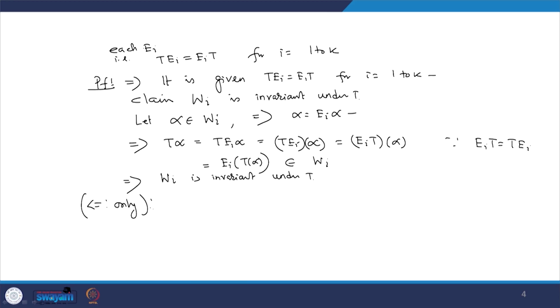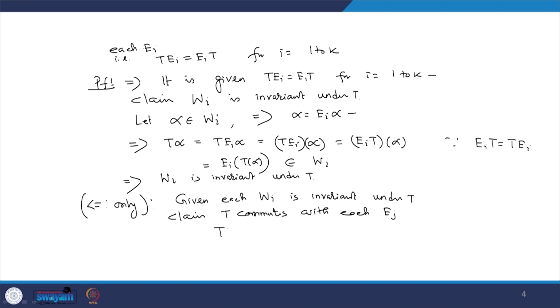That is, given each W_i is invariant under T, claim that T commutes with each E_j, that is T E_j equal to E_j T for j equal to 1 to k.